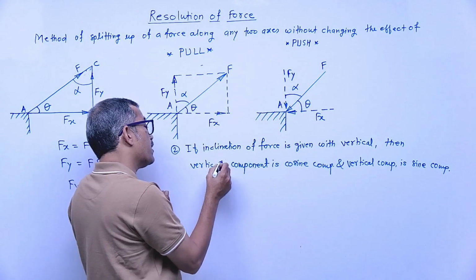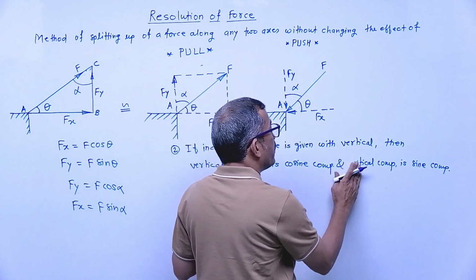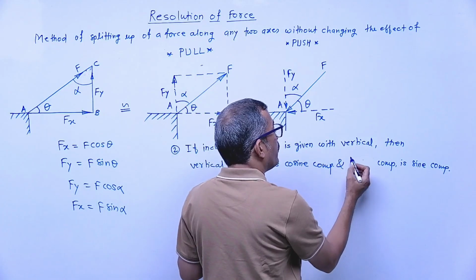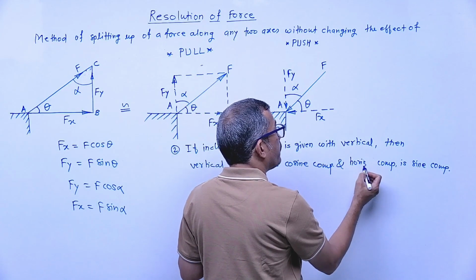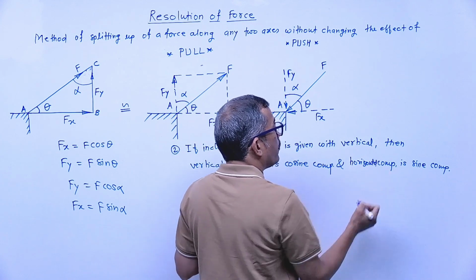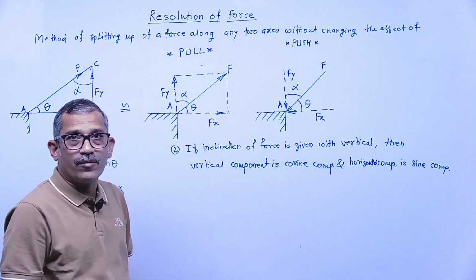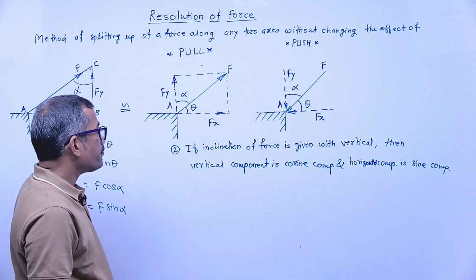The vertical component is the cosine component and the horizontal component is the sine component. Two points.